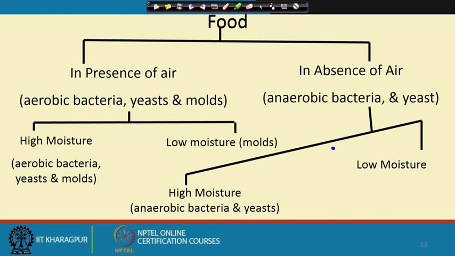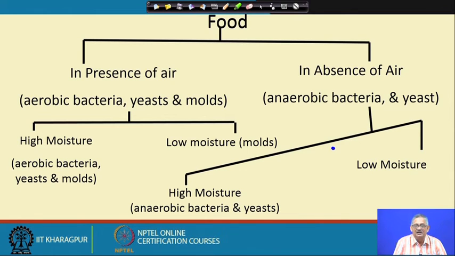So, if we look at this tree of how we can keep food material, you see we are saying that food, if it is in presence of air, then all three types of organisms, that is aerobic bacteria, yeast or mold, can grow in presence of air.